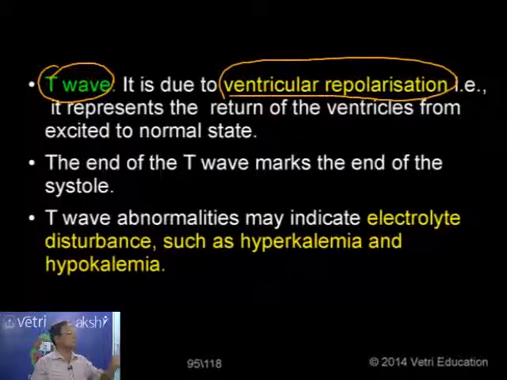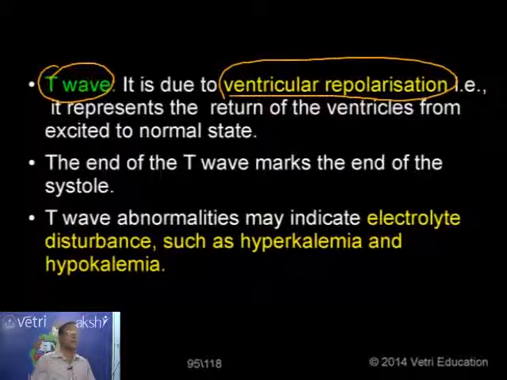Now what is its use? Normally you know the ions or minerals involved in the contraction of the heart: we have potassium ions as well as calcium ions. These are the two major elements responsible for the contraction and relaxation of the heart.